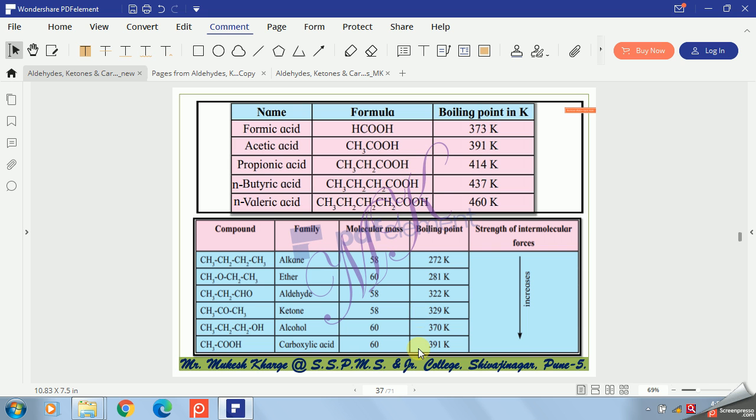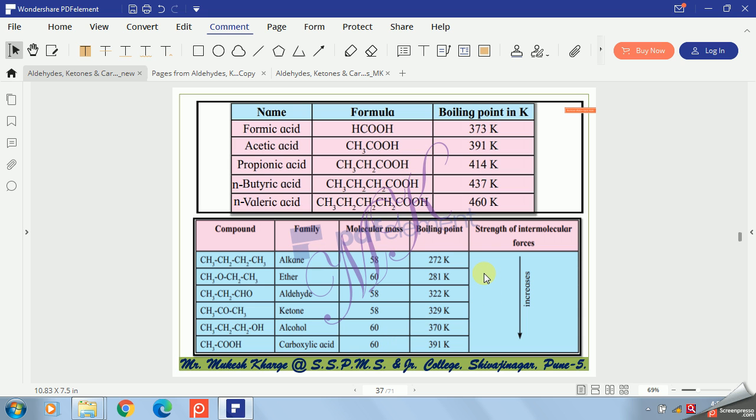And in case of carboxylic acid, there is a dimerization along with intermolecular hydrogen bonding, so carboxylic acid, here acetic acid, has higher boiling point than the corresponding alcohol, that is n-propyl alcohol, having nearly the same molecular mass.